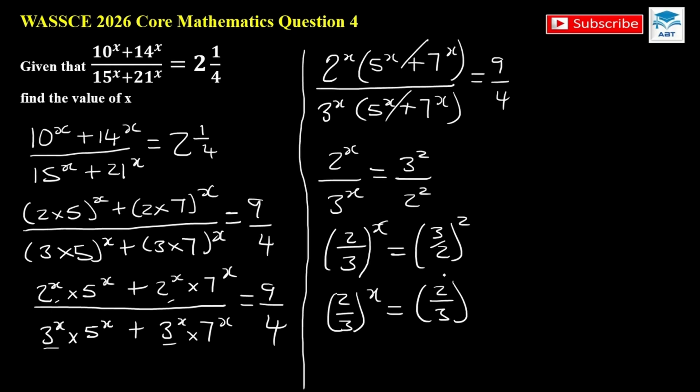And according to the laws of indices, when you find a reciprocal of a number, you have to negate the exponent. So 2 becomes negative 2 here. So now we have the bases to be equal, 2 over 3, 2 over 3 on each side of the equation. So we can equate the exponents. So x is equal to negative 2.